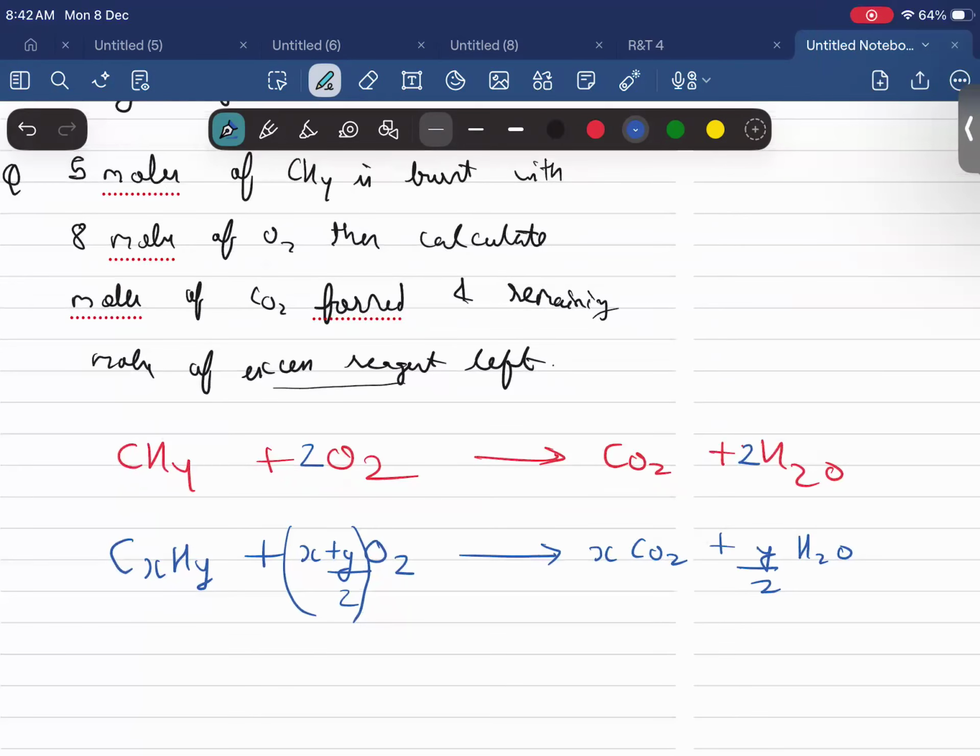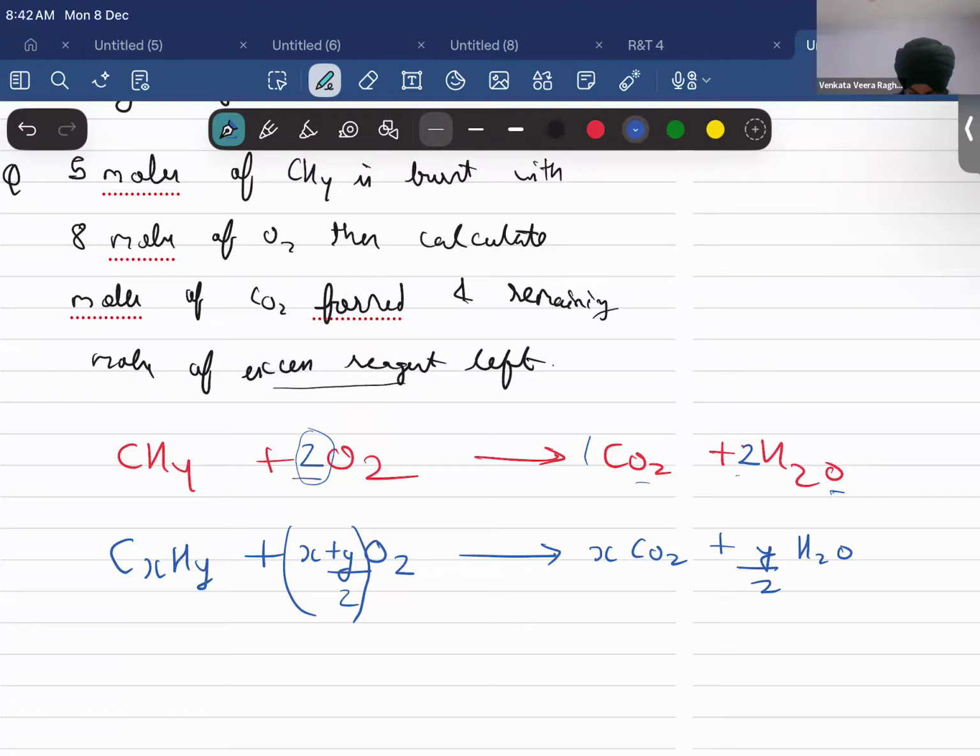Because I never remember this equation. I think y by 4 comes in some places. I think here it should be y by 4 itself. I'm trying to figure out if it's working on the above equation or not. Yes sir, it's working. So y by 4: 1, 2 and 2, it's 4, and this is also 4.